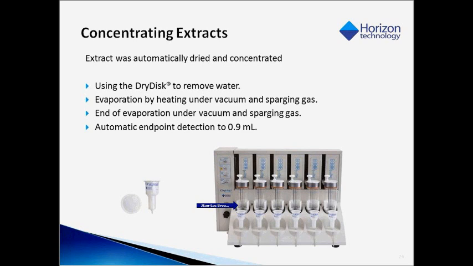After reaching a certain level, the heater turns off and the evaporation continues with vacuum and sparging gas only. An automatic endpoint detection to about 0.9 milliliter turns off the dry vap evaporation system and the concentration is over.